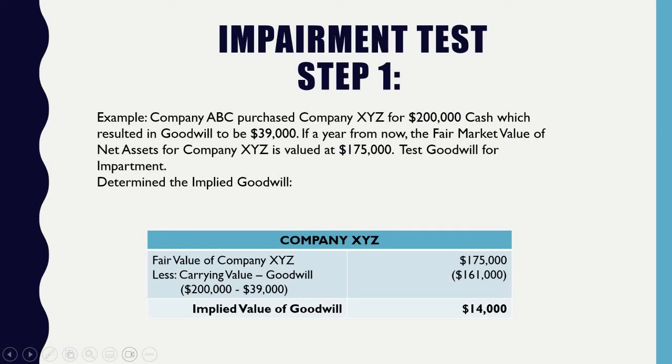Okay? We purchased it at $161,000. So in this case, we have to test the impairment of goodwill for $14,000. So here, I already see that my company has increased in value. Okay? I originally bought it low, and look at that, now it's worth high.